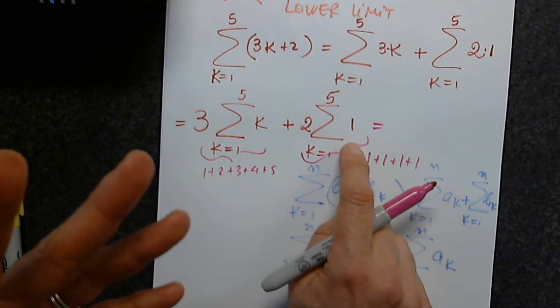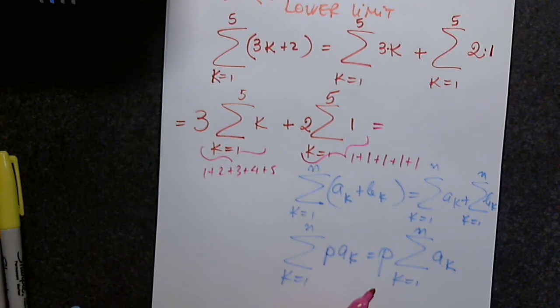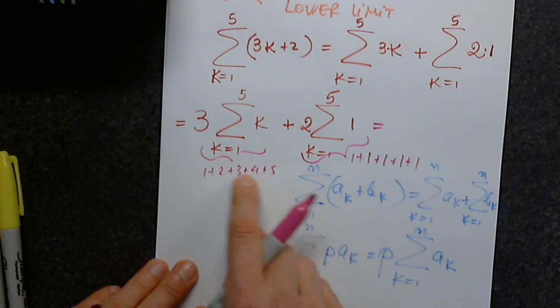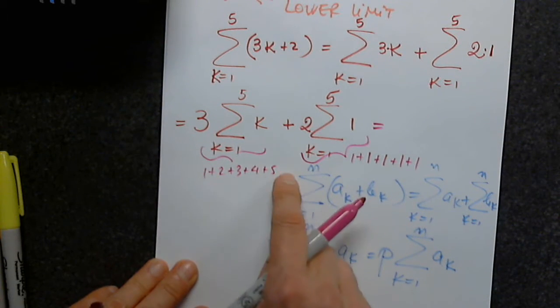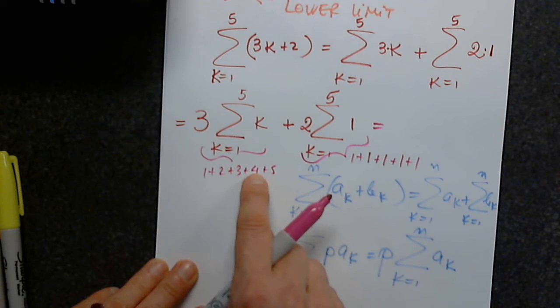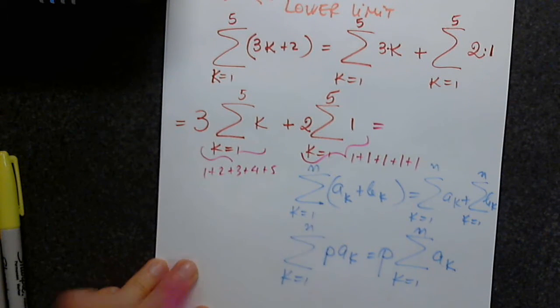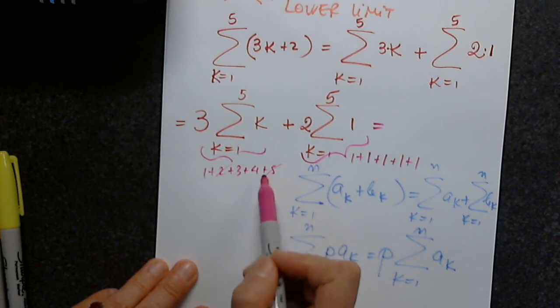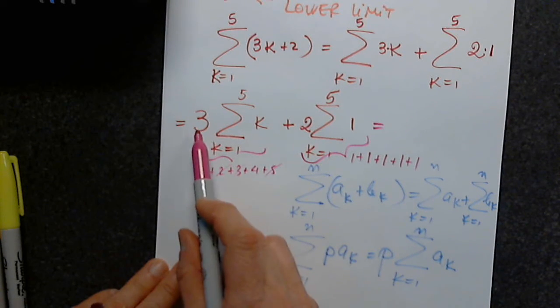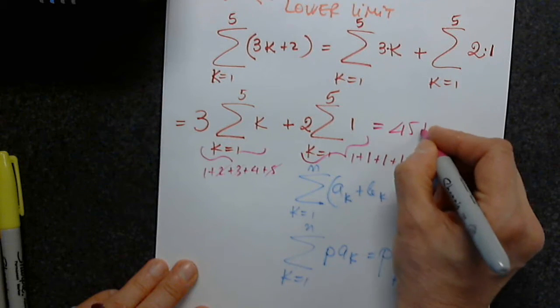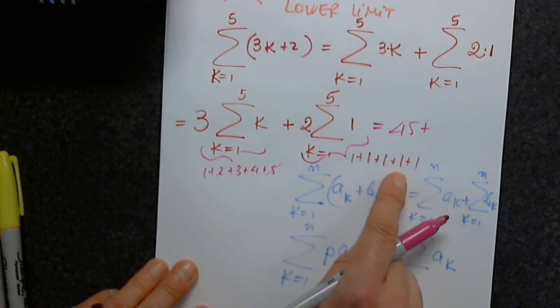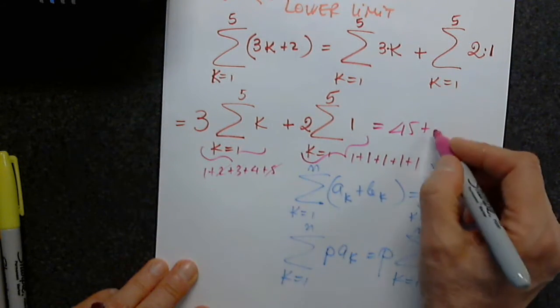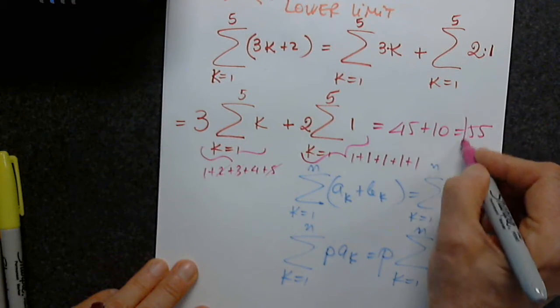When K is 4, another 1. When K is 5, another 1. So this is 5, plus 5 is 10, 3 plus 4 is 7, 7 plus 10, right? Am I correct here? No, I'm not correct. So this is 10, 15. So 3 times 15 is 45, plus 1 plus 1 plus 1 plus 1 plus 1 is 5, 5 times 2 is 10. So the answer is 55.